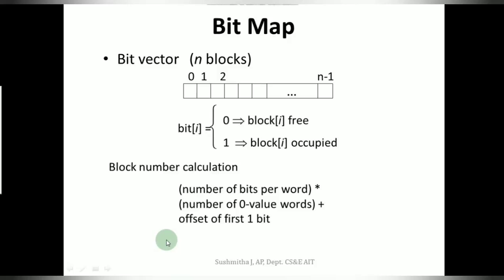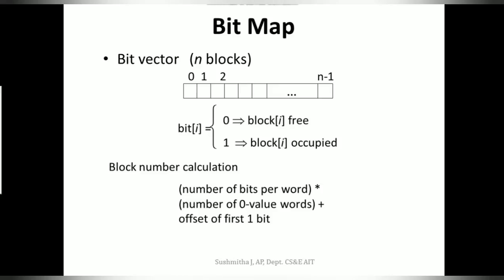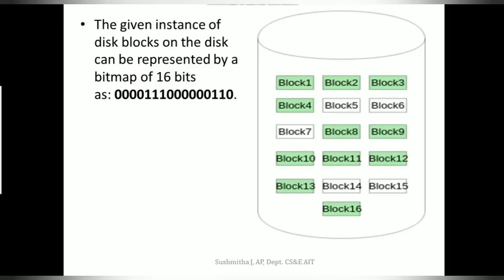That is, for the same example, if I just consider the first 8 bits, or a group of 8 bits, the number of bits per word I'm using is 8.